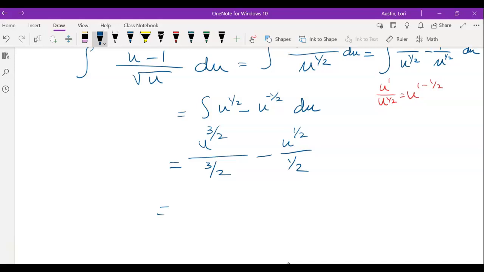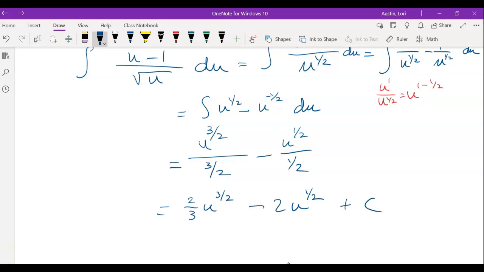Division of 3/2 is multiplication of what? 2/3. So I'm going to make it 2/3 u to the 3/2 minus division of 1/2 is multiplication of... I didn't say it was an easy problem. I said it was a fun problem.